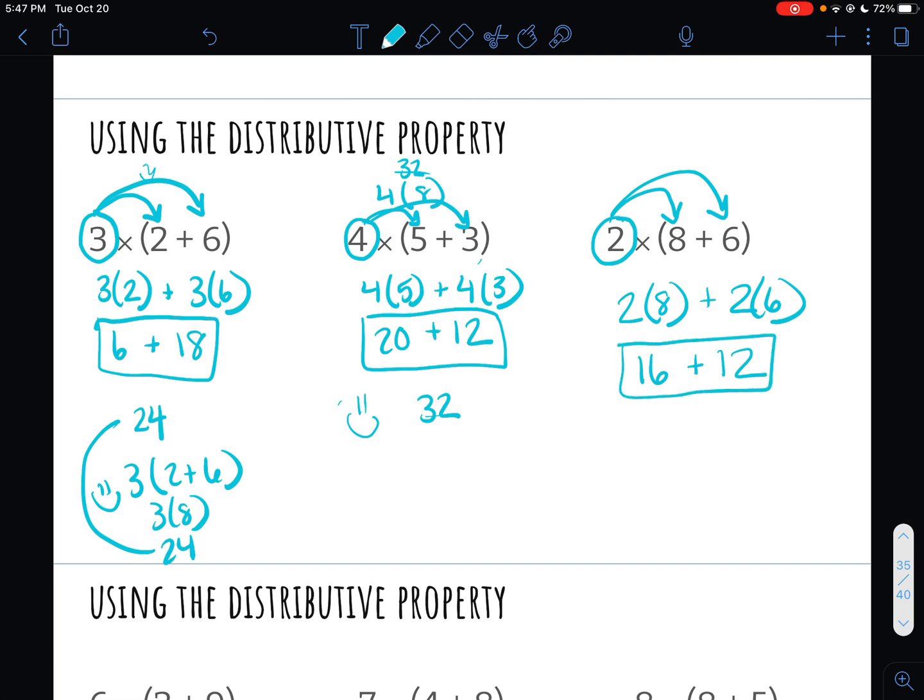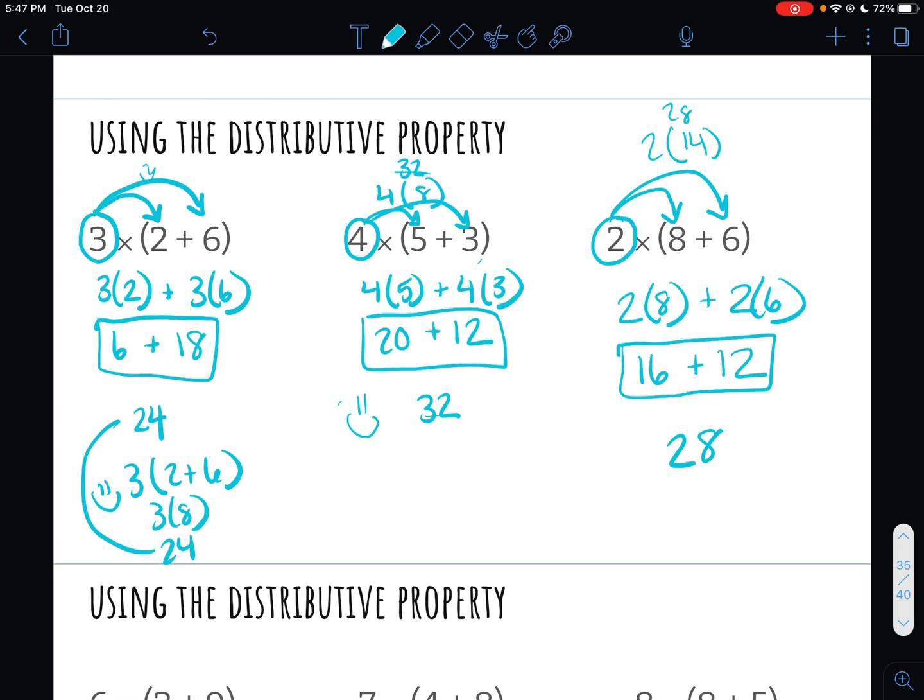And that's actually my answer. But 16 plus 12 is 28. Normally you probably would have just done 8 plus 6 is 14, and 2 times 14 is 28.